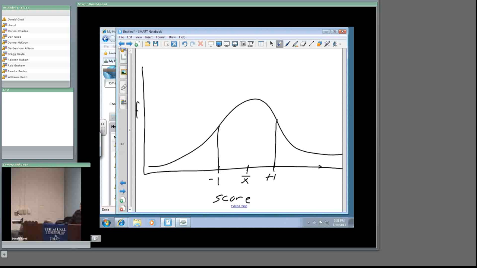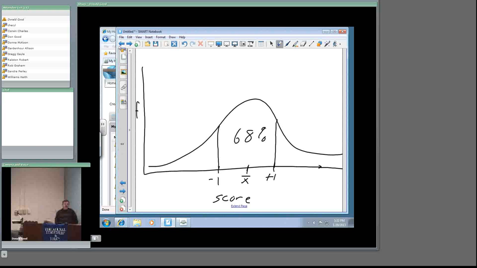And it turns out we actually know a good bit about that, or a couple of important things about that. It turns out that in a normal distribution, and these probability studies and all this stuff have come up with this, approximately, and it's real close to it, approximately 68% of the cases are within one standard deviation of the mean. Somewhere between -1 and +1. 68%.